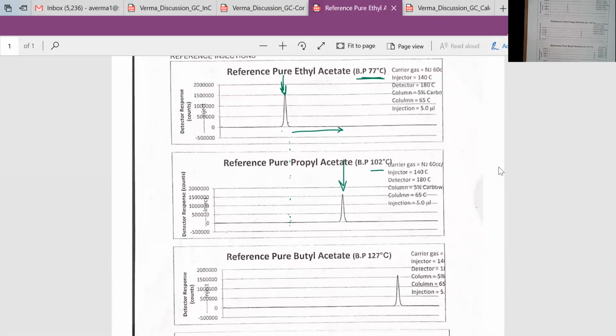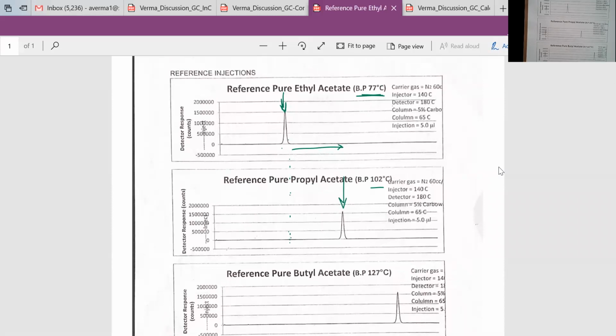If the column length is exactly the same, if your temperature is exactly the same, if every other condition is exactly the same, do you think these two peaks are of the same compound or of two different compounds? Definitely of two different compounds.